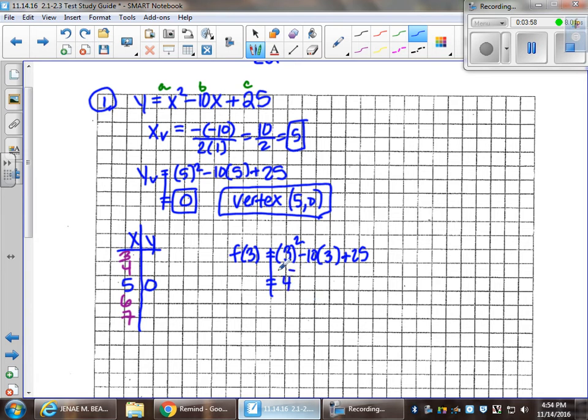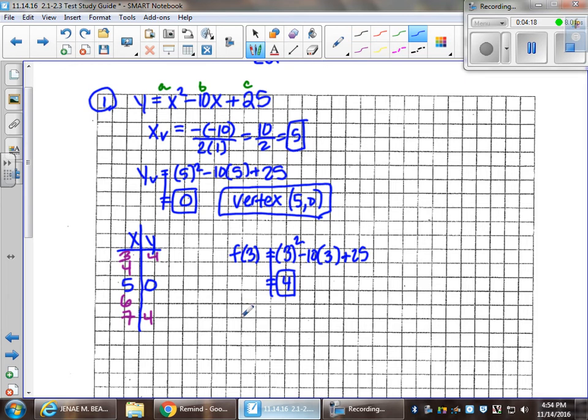I got 4. And then ask yourself, where does 4 go in the table? It will go here, because we plugged in 3, we got 4. But remember the symmetrical nature, 3 is 2 away from 5, and so is 7. So 7 also has an output of 4.